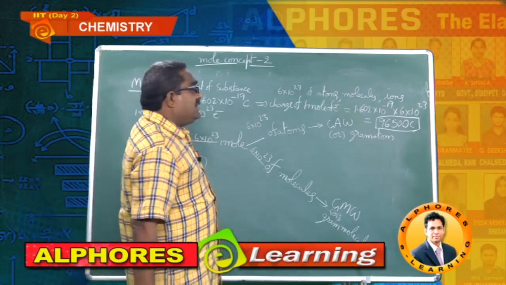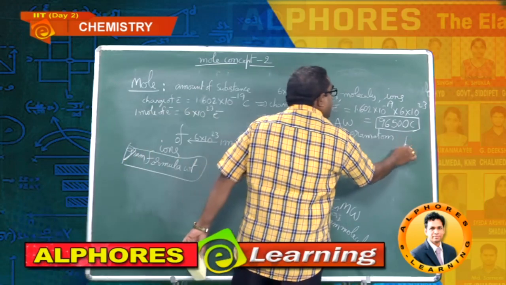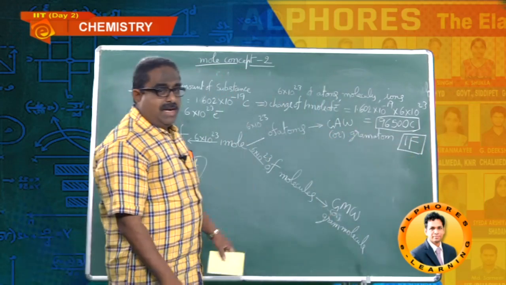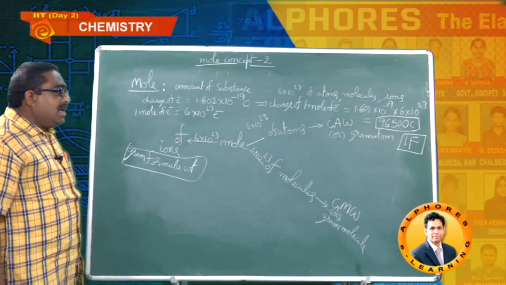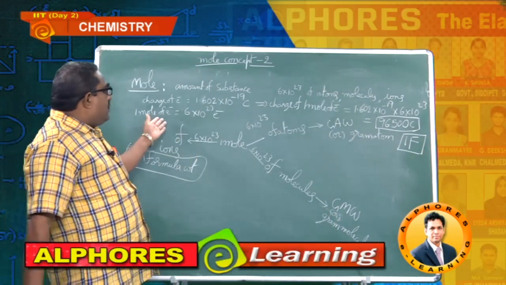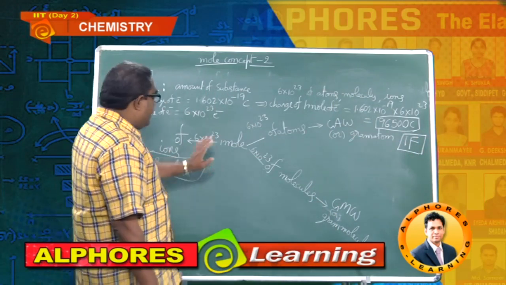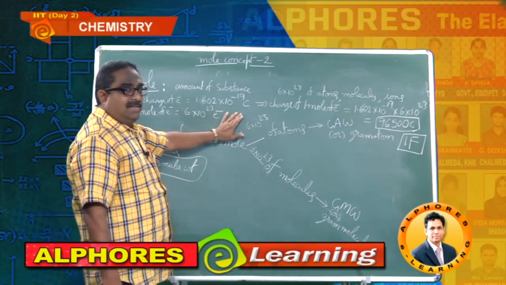In coulombs it is 96,500, or simply you can also call it 1 Faraday. So this is one more application of the mole approach. That's why I am teaching this here.